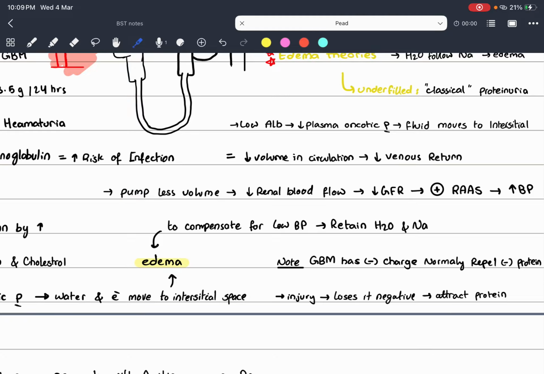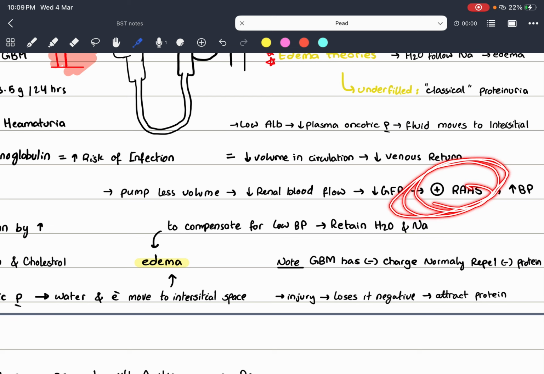And because of this hypoperfusion, the first organ affected is the kidney, because the renal arteries are not receiving enough blood, reducing renal blood flow. Because of this, we have a low glomerular filtration rate, and the body also tries to compensate. What will happen? It will activate the renin-angiotensin-aldosterone system.